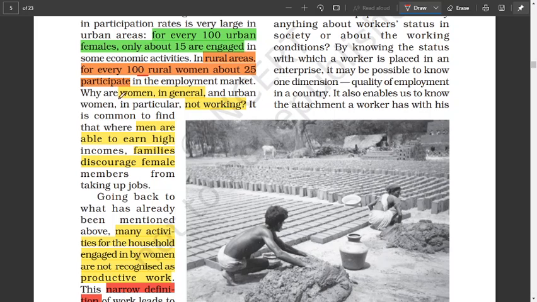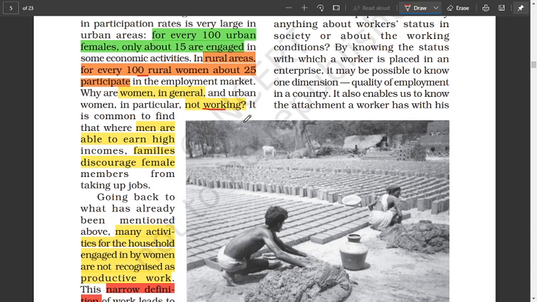Women in general, in urban or rural, and urban women in particular, not working? Question mark. Why are women not working in urban but more in rural? But men are working, rural or urban. Men are able to earn high income in urban areas because of the opportunities in industries and service sectors, and so that's why they tend to discourage females from taking up jobs.